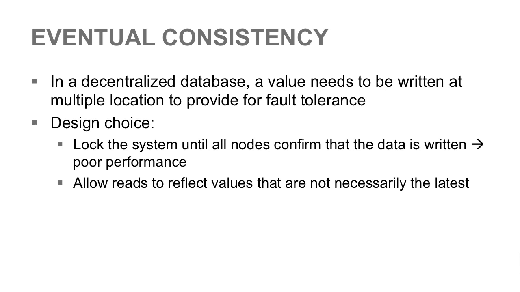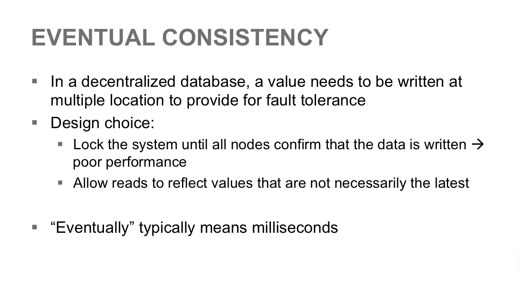So you may be returning some values that are somewhat stale, and we hope that this is going to be okay with our users. Now, when we say eventual consistency, that does not mean days or weeks. Eventually typically means milliseconds. But one of the big benefits is that our system is available and we are able to provide some response to the users.